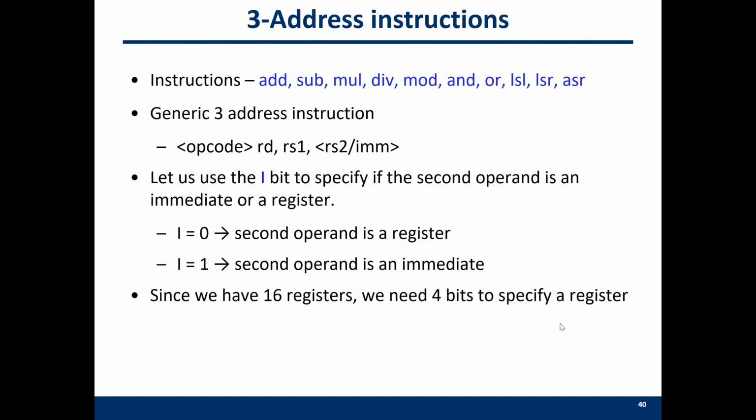And we have 16 registers for them. So these operations can only happen on register level. So the operand has to be register or from immediate data. So we only have 16 registers, which we need 4 bits to address them.